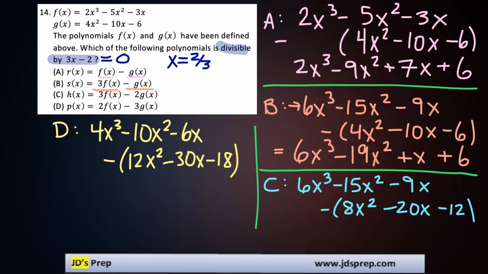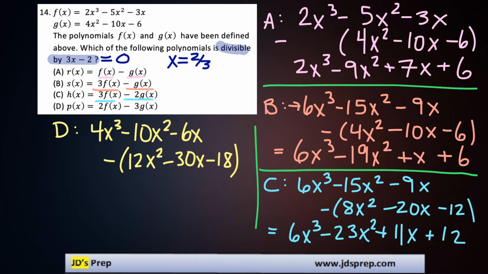Next, option C, we have 3 multiplied by f of x minus 2 of g of x. So down here in blue, I've already gone ahead and multiplied f of x by 3 and multiplied g of x by 2. So now if we go ahead and subtract them, we would get 6x cubed minus 23x squared plus 11x plus 12.